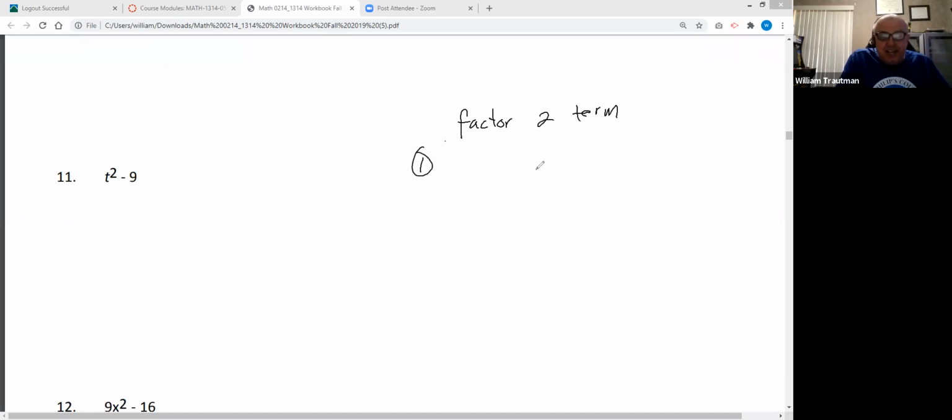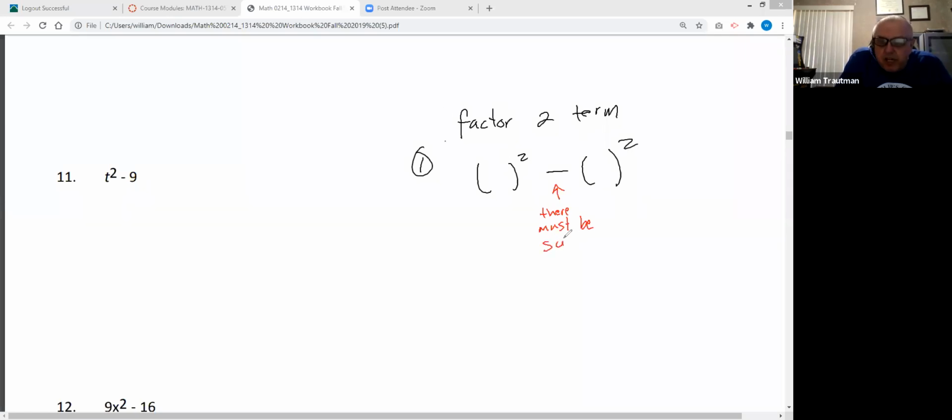Step number 1, make it look like this. Something squared minus something squared. And I want to emphasize there must be a subtraction sign here.